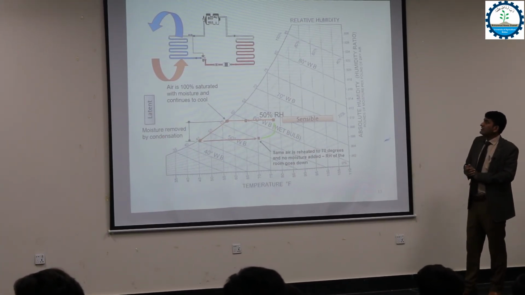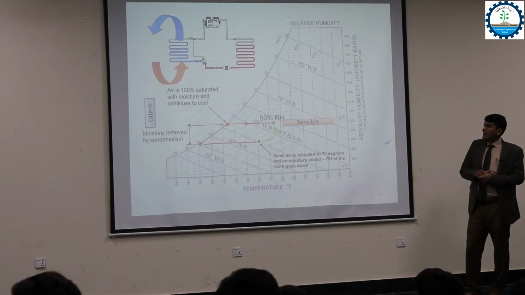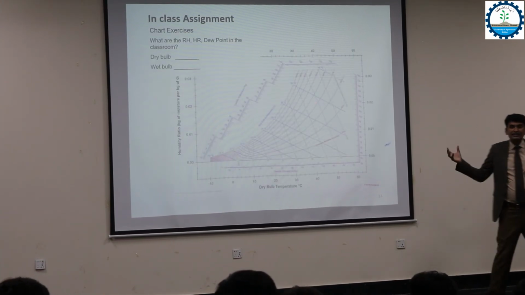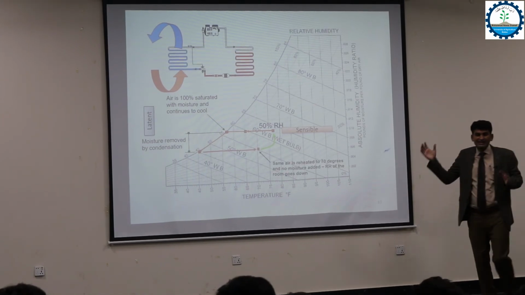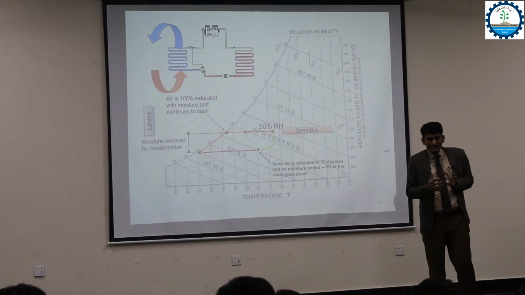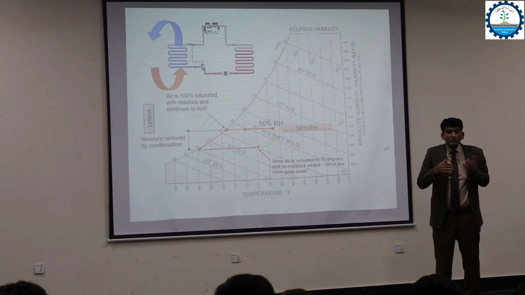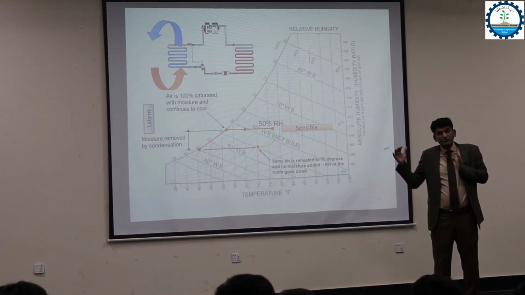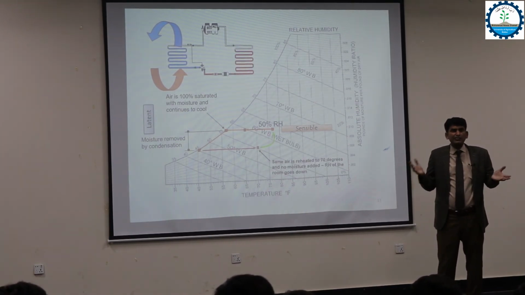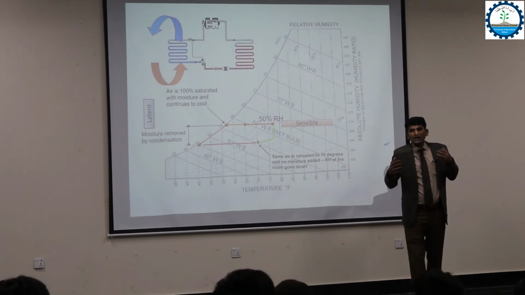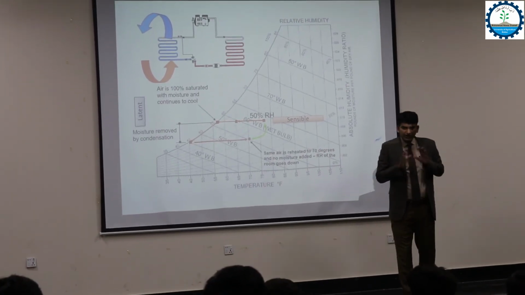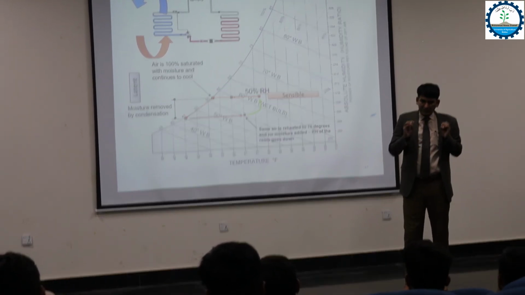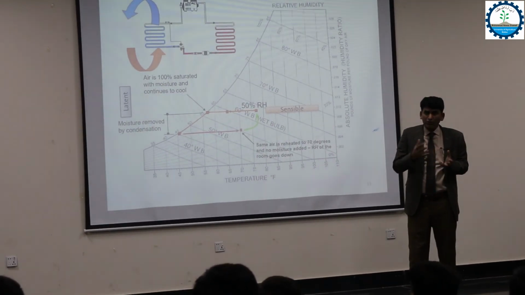Next, the latent and sensible heat phenomena in most air conditioning systems follow this mechanism, and we can also predict it by using the psychrometric chart. In this applied thermodynamics subject, we are giving you just the basic concepts of psychrometrics and how to use the psychrometric chart.